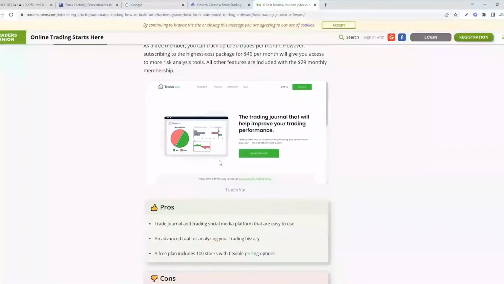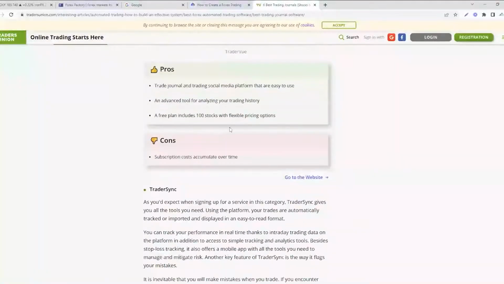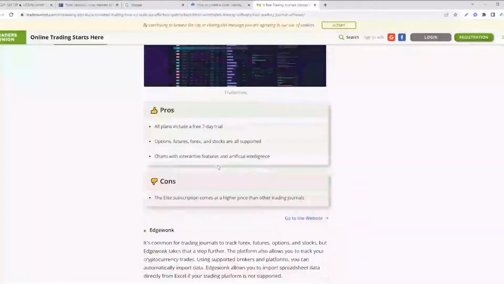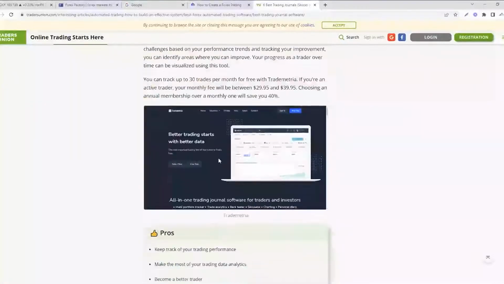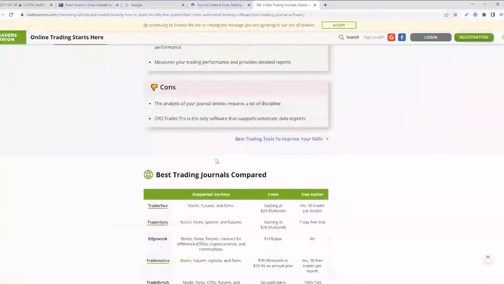They give you the pros and cons of each of the journals listed here, and also a price comparison, just to get an idea.